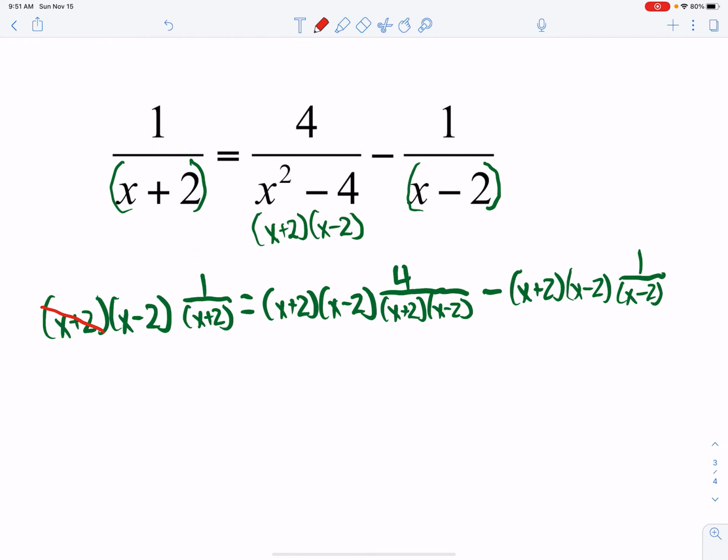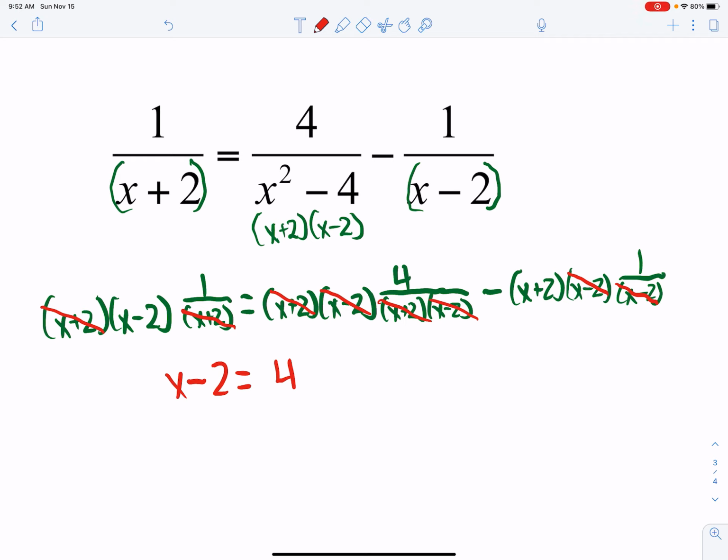On the first part, x plus 2 and x plus 2 cancel out. X minus 2 times 1 is x minus 2. On the next part, x plus 2 and x plus 2 cancel out. X minus 2 and x minus 2 cancel out. So for that part, we just have 4. The next part, we have x minus 2 and x minus 2. Here you've got to be really careful with the negative signs.